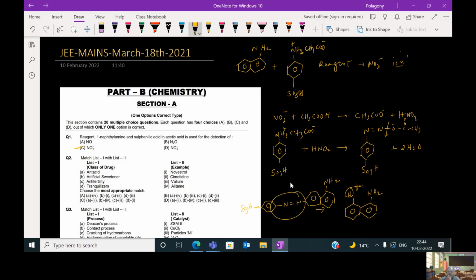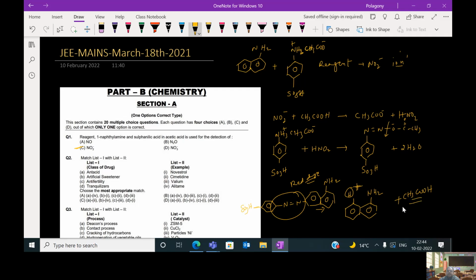Because of the azo group, the color changes to red. An orange red color is formed because of the formation of this double bond between nitrogen and the naphthylamine. The byproduct is CH3COOH, acetic acid.